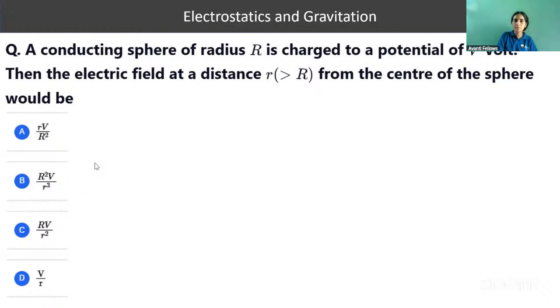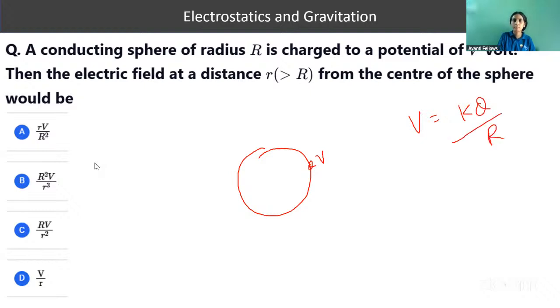This is a conducting sphere of radius r and this is charged to a potential v. So v is equal to how much? V is equal to kq by r, right?